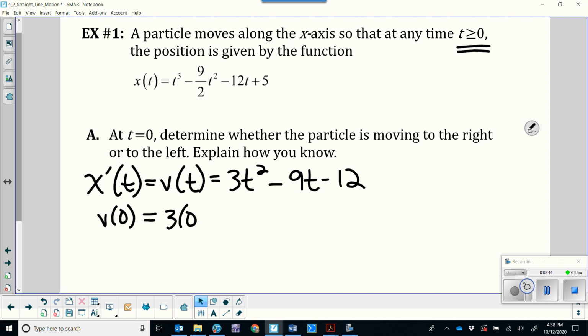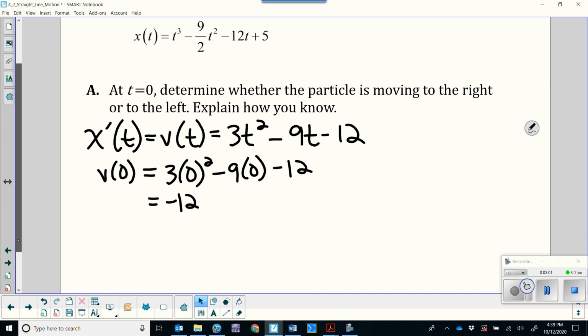So we simply plug in. I really don't have to show this part of it, but for your notes I will. As long as I say I'm doing v of 0, then I'm fine. I can just get the answer, which is -12, because that's pretty simple to plug into. Now I need to give an answer to the question.